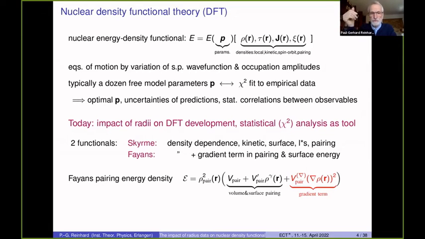The traditional Skyrme functional, which has a density dependence, a kinetic term, a surface term, and a spin-orbit term, and the Fayans functional, which is very similar to the Skyrme functional and has in addition a gradient term in pairing. I show that here quickly. The black part is what you have in Skyrme, and the new piece in the Fayans functional is a gradient term, so to say, a surface term in pairing.